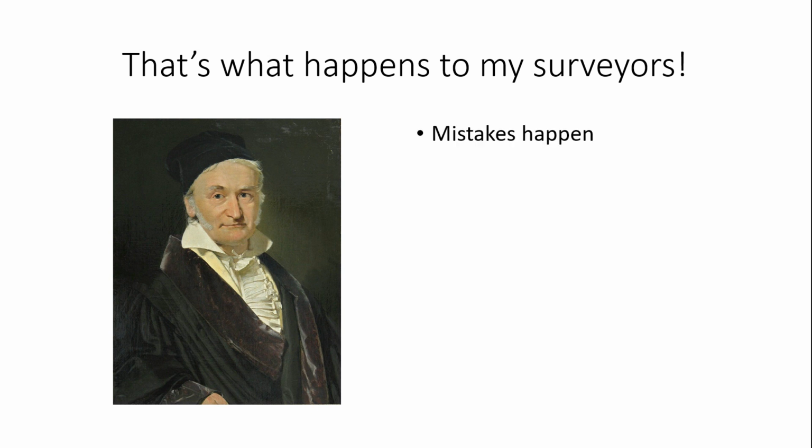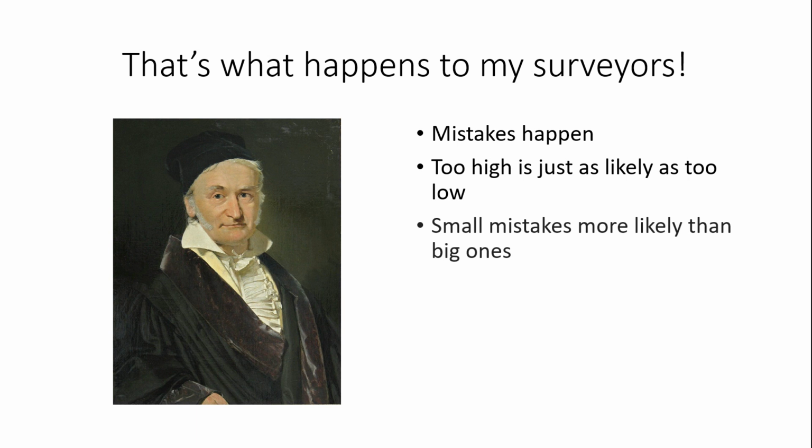And Gauss said, that's what's happening to my surveying crews. Mistakes happen, they're human, but I can make some logical deductions about how those mistakes should work. First off, there's no particular reason a mistake should be too high versus too low. So I can assume that mistakes will be symmetrical around the true values. But I can also presume that small errors are more likely than big ones.